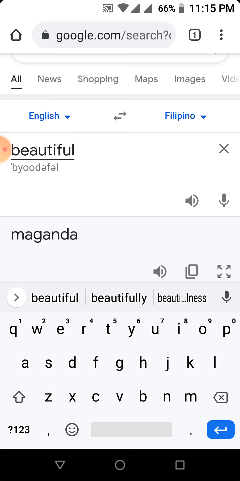It's not directly implied if you analyze it, alright. So I have here "iyong lugar ay maganda" compared to "ang ganda ng lugar mo."